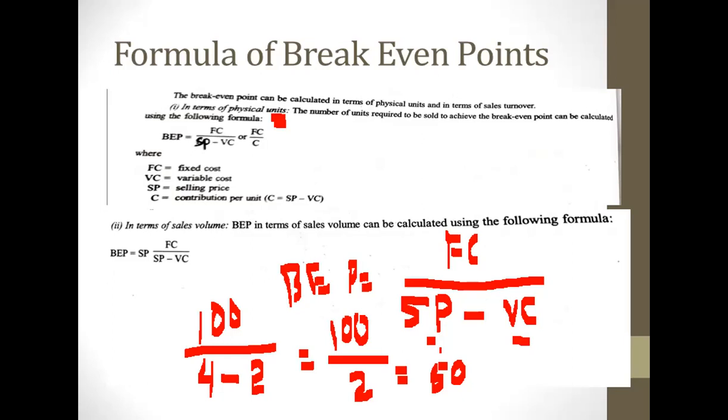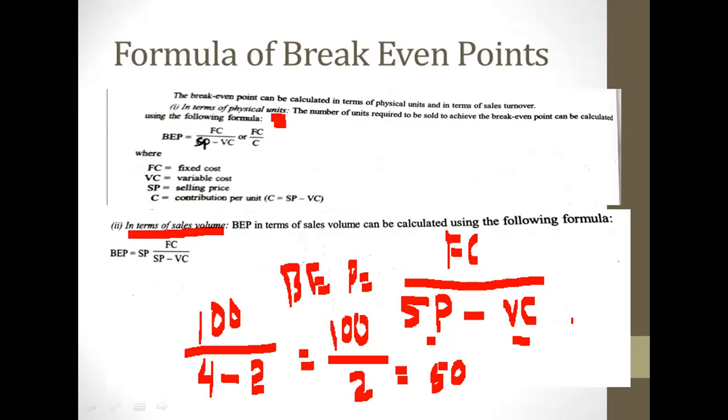So the break-even point is arrived at using this formula: fixed cost divided by selling price minus variable cost. That is how the break-even point is found in terms of physical units. And next is in terms of sales volume. You can also find the break-even point in sales volume.